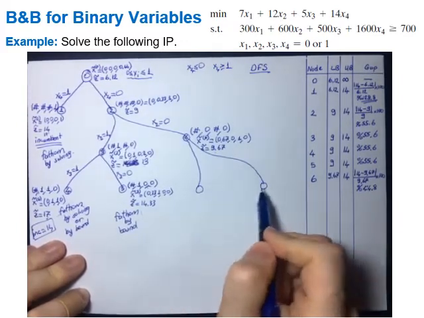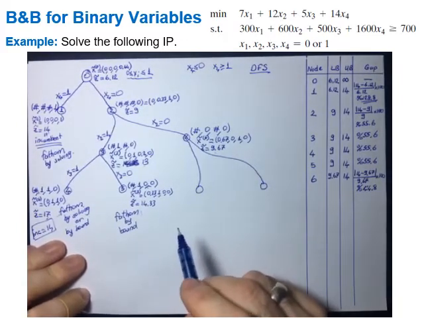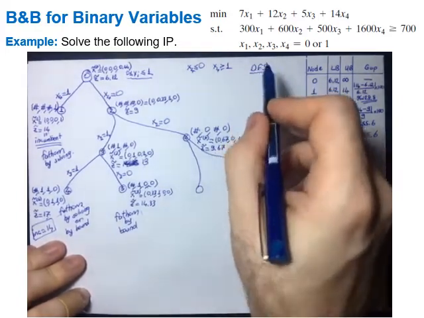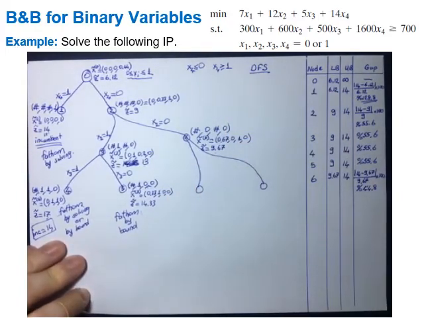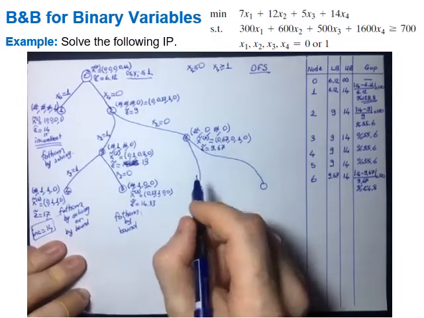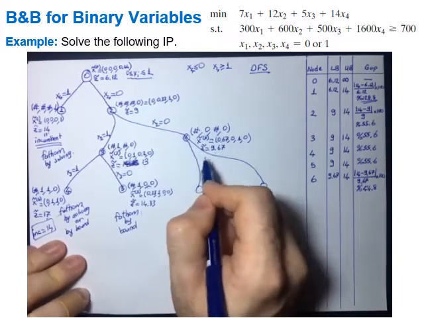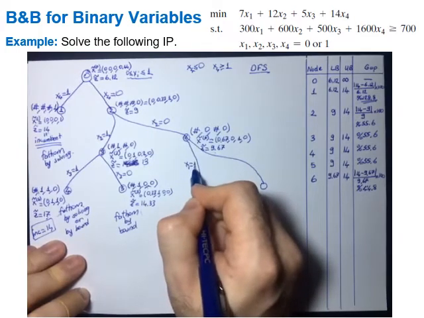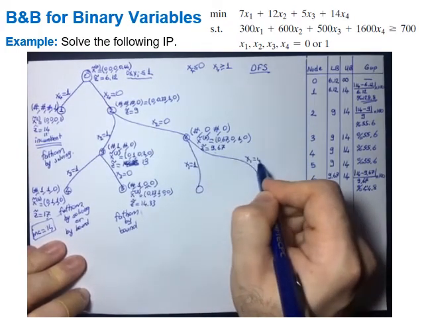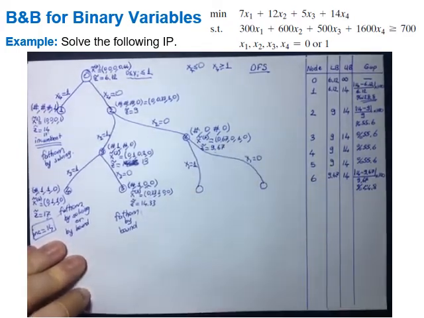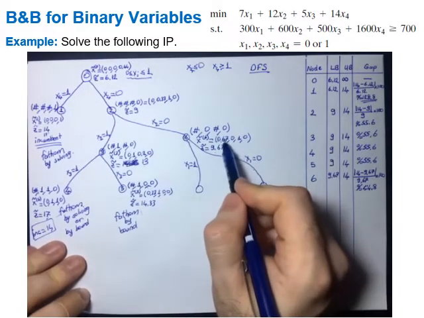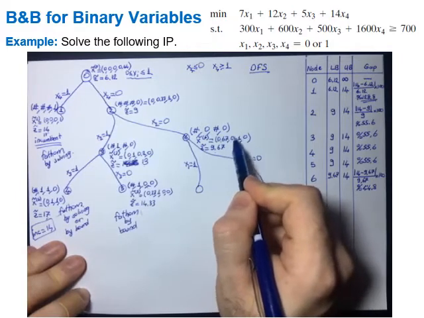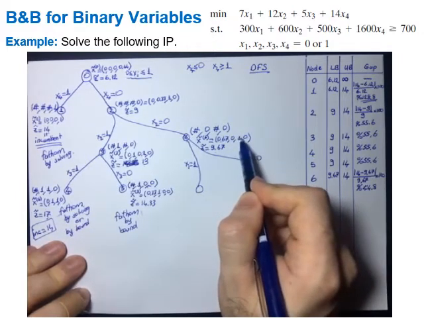Okay, now I have two unexplored nodes. They are at the same level, so depth first search doesn't say anything for the same levels. And of course we need to write on which variables we are branching. We are branching on x1 equals 1 and x1 equals 0 because it's the only variable with a fractional value. By the way, sometimes you will have more variables with a fractional value.